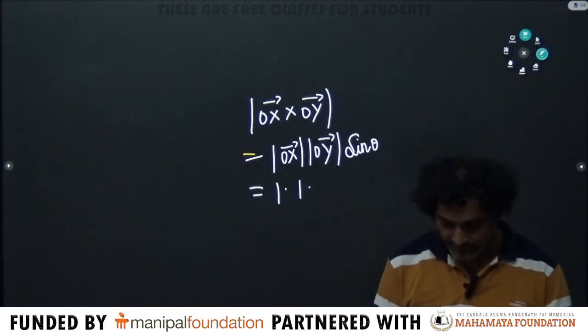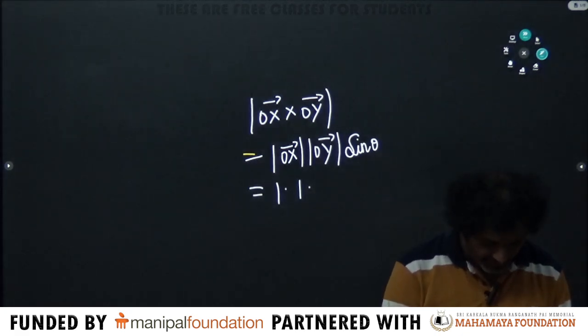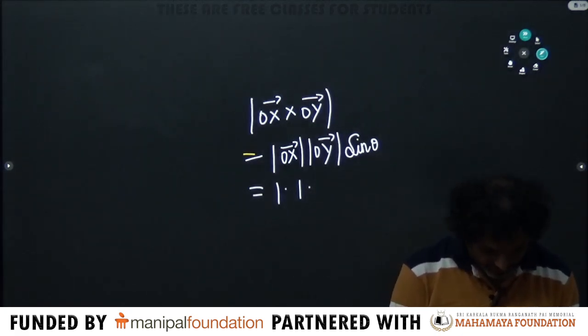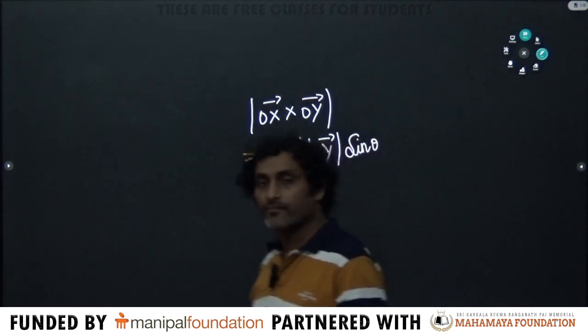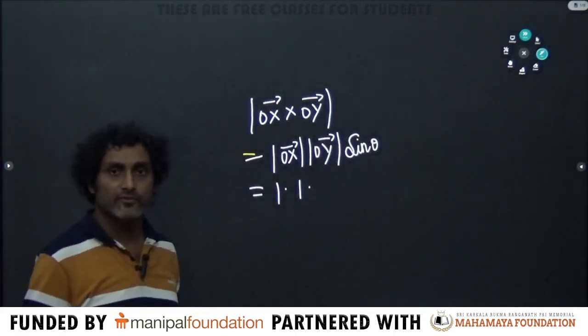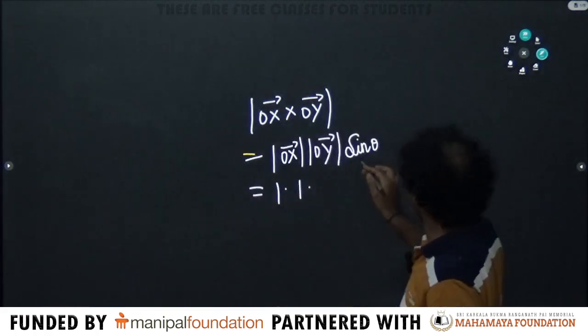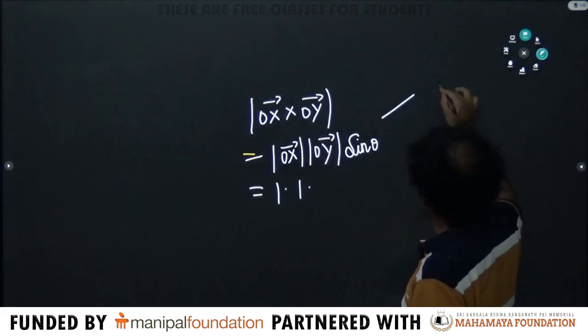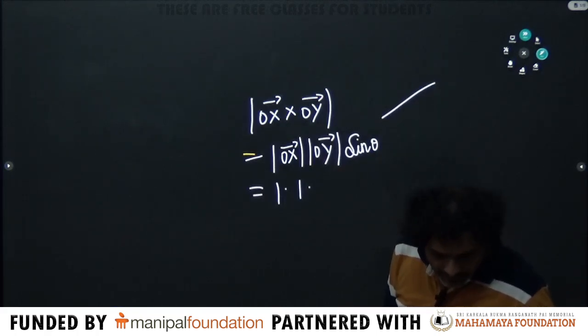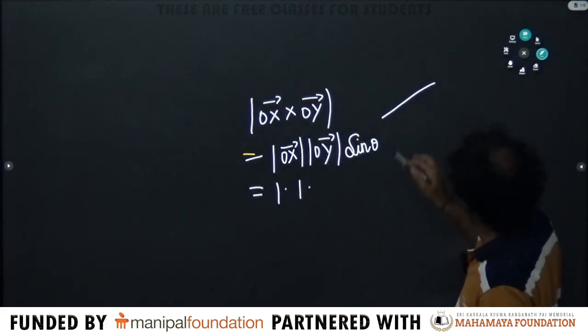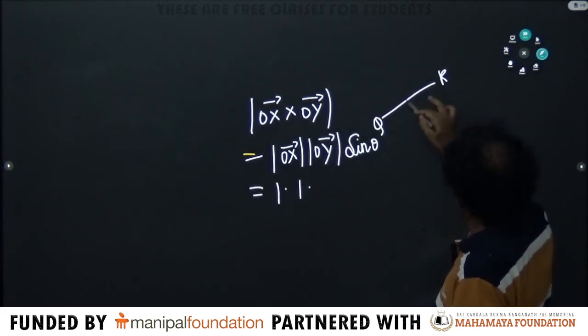QR and RP. So what is left? One is P, the other is Q. So they want the third angle, right? OX is along QR. This is OX, okay?